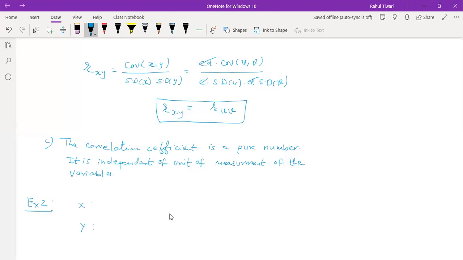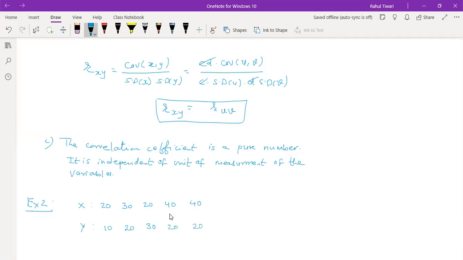Let's say X: 20, 30, 20, 40, 40. And Y is somewhere 10, 20, 30, 10, 20, 20.